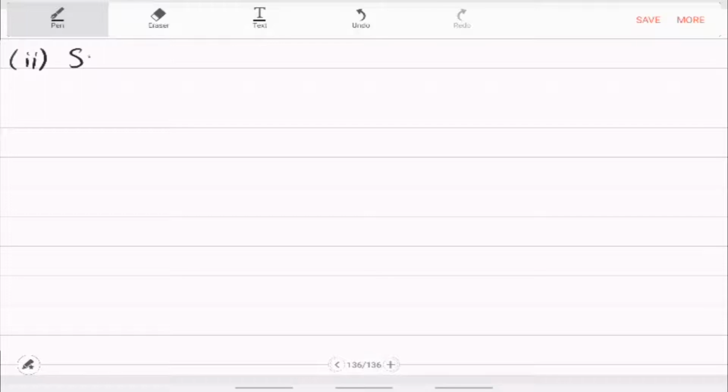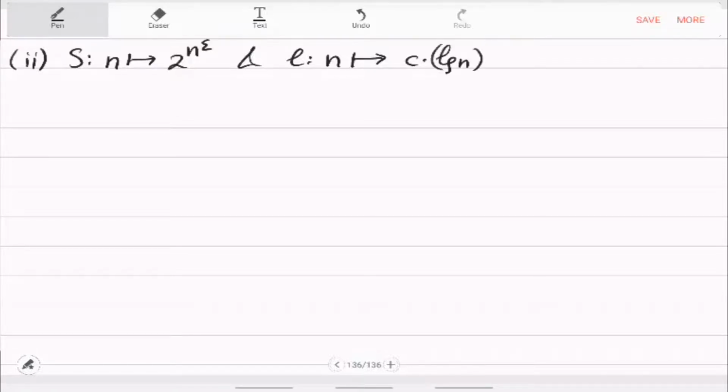So here you will pick S to be 2 raised to n to the epsilon, because that is what PRG you are promised, and L will be, remember that in this proof L is always kind of the inverse of S. So here you can pick L to be C times log n to the 1 over epsilon.